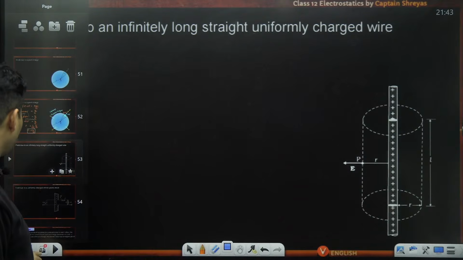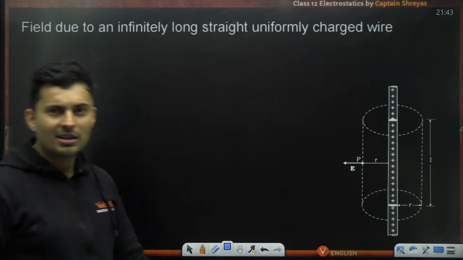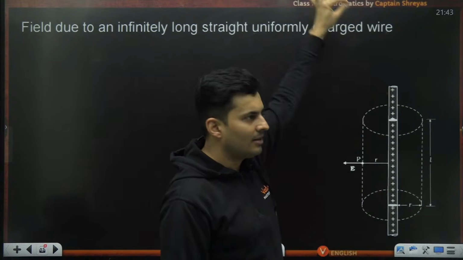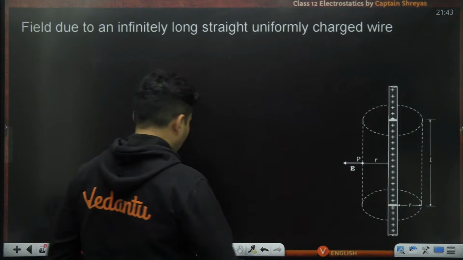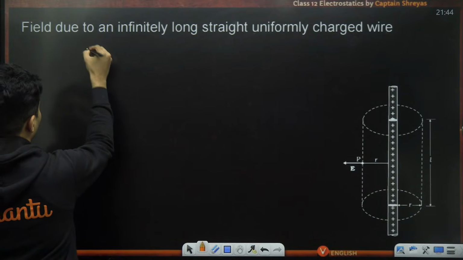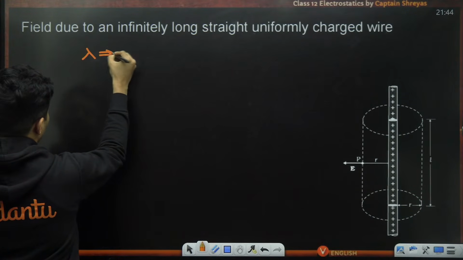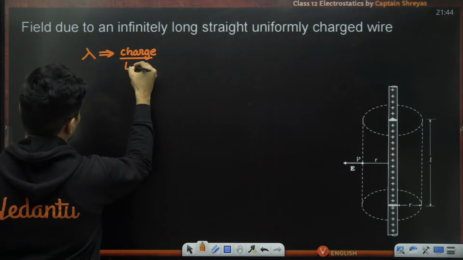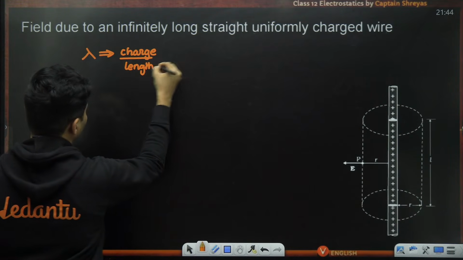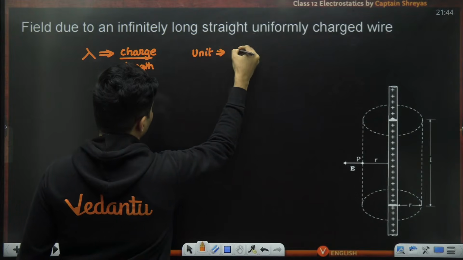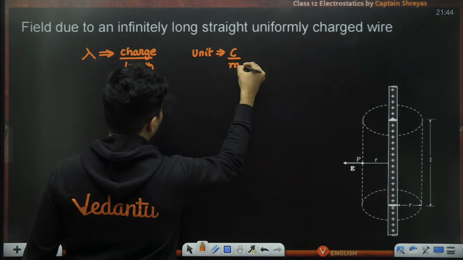Fine, let's do that. Let's take a line charge. A line charge means, imagine a wire which is uniformly charged everywhere, and the parameter which will define how much charge is there on that wire is lambda. So lambda is called the charge per unit length, and the unit of that is coulomb per meter.